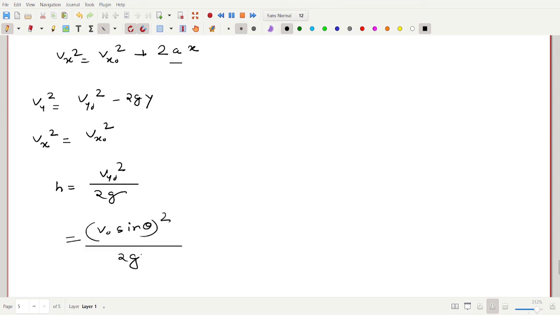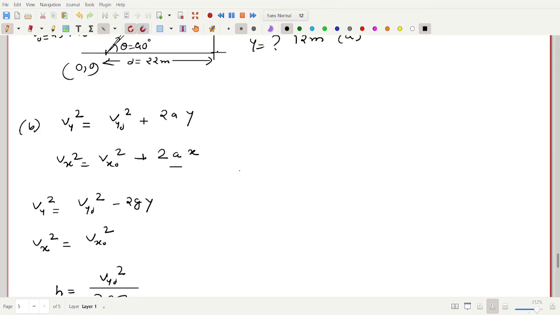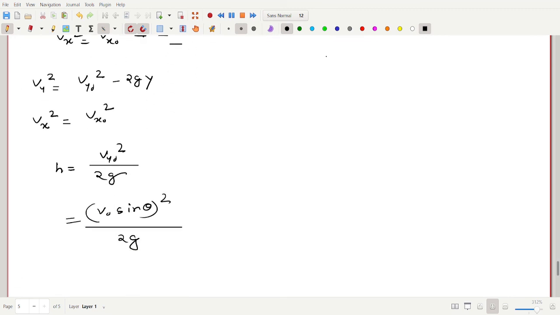So if we see that y equals 12 meter that we have got in part a, and we check the maximum height in part D, if we find that h is greater than 12 meter, then Vy will be positive, and if h is less than 12 meter, then Vy will be negative.